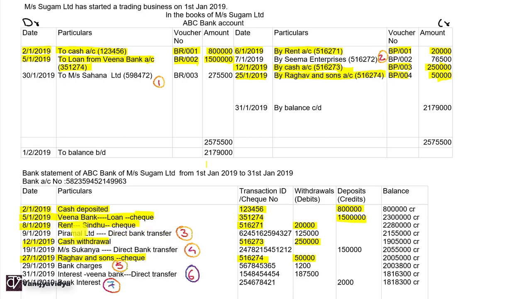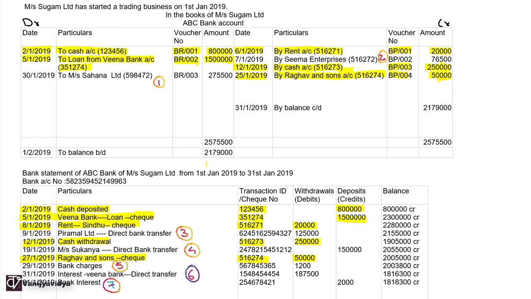3. 9 Jan 2019, Piramal Limited, direct bank transfer. We have a transaction ID here, and amount is 1,25,000. So there was a direct bank transfer. So there was a payment by your bank directly to Piramal Limited.